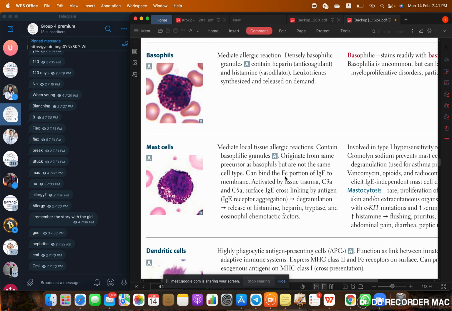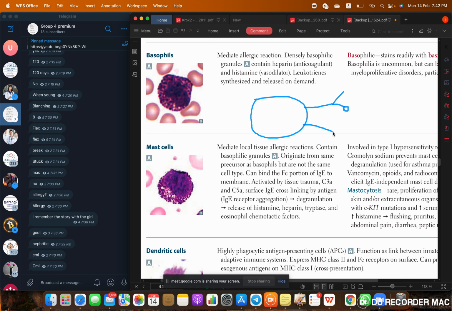They can bind to the Fc portion of the IgE to the membrane. Well, what does that even mean? This is a mast cell, and this is the Fc portion of an antibody. This antibody, of course, in its epitope is going to have something presenting on it: an allergen.